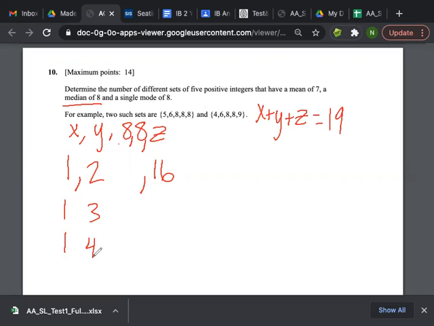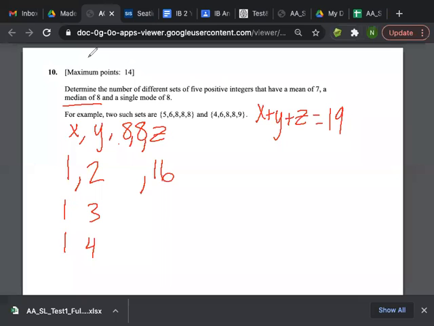What's the smallest number I could have on the other side of 8? 9. Okay, so I could have a 9 here, and if I have a 1 here, what's my remaining number? Can't be, so that doesn't work, so let's pick a different number. 10 can't be either.